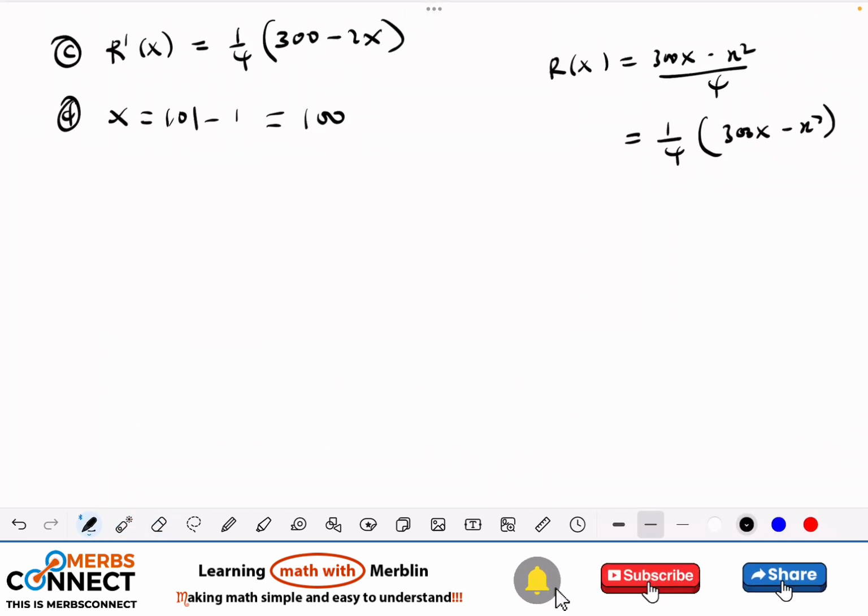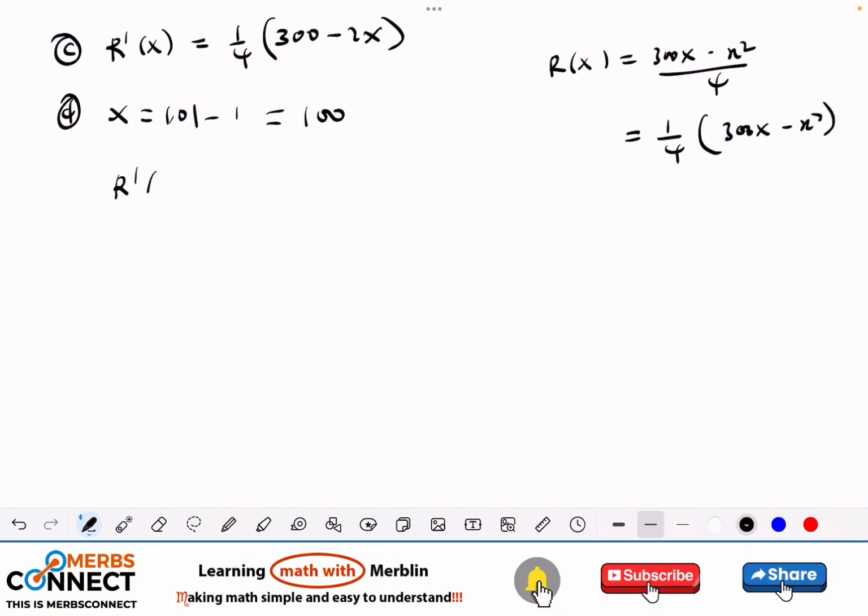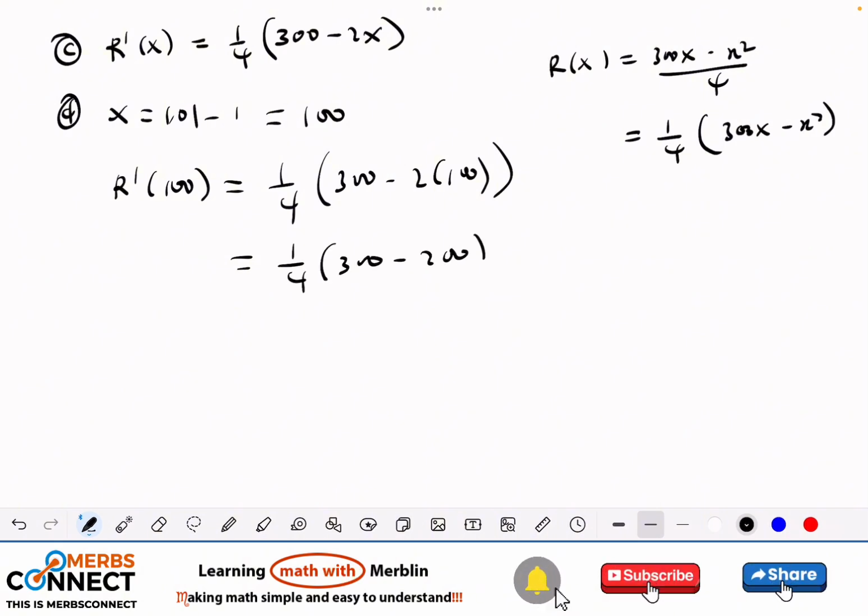So what are we going to do here? Since we are using R prime to estimate, our x is 100, so R prime of 100 is equal to 1 over 4 times (300 minus 2 times 100). So 1 over 4, then this is 300 minus 200, which is 1 over 4 times 100.